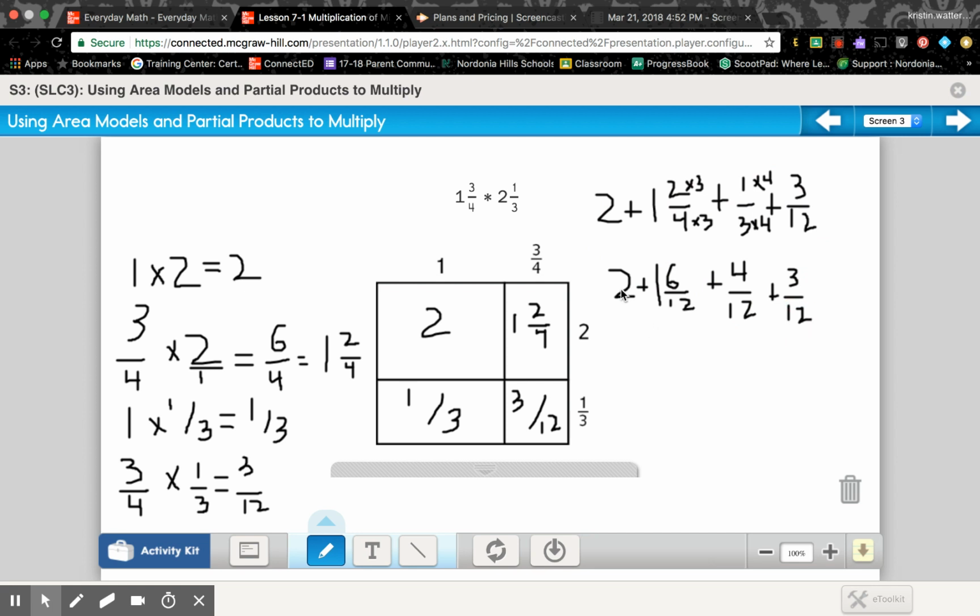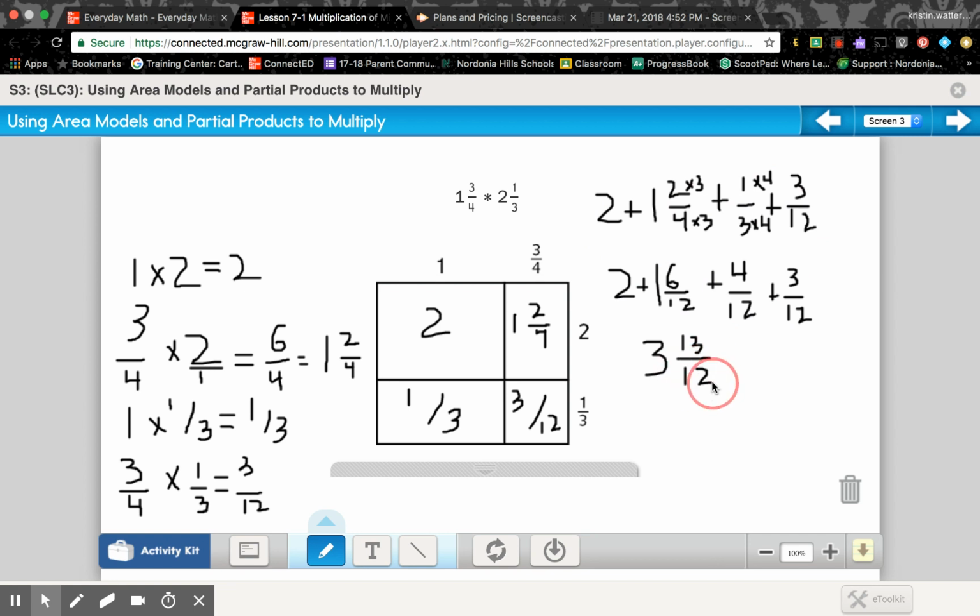Okay, so then if I look at this, I have 2 plus 1 gives me 3 for my whole numbers. 6/12 plus 4/12 is 10/12. And then 10/12 plus 3/12 is 13/12. So my answer would be 3 and 13/12.